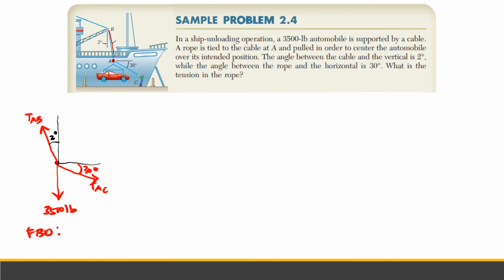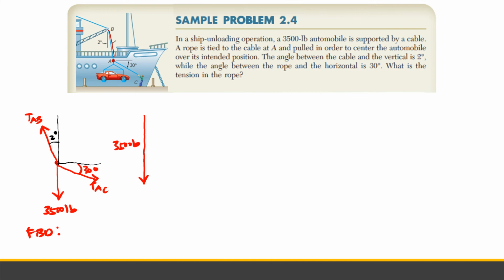Okay, since only three forces are acting on the body, we can use the force triangle to express that it is in equilibrium. So first is the 3,500 pound force.